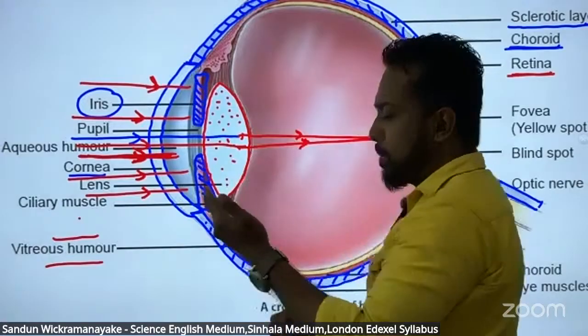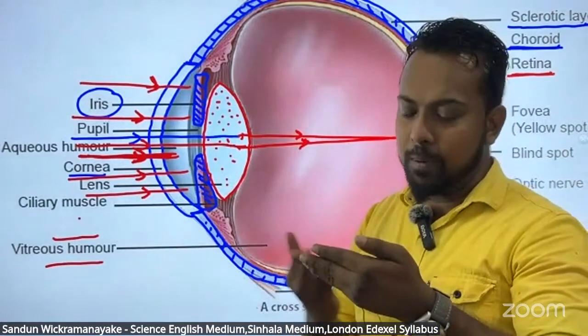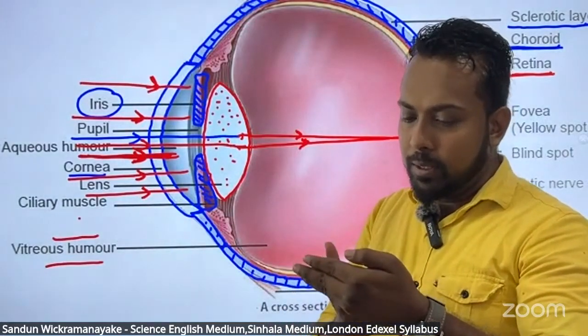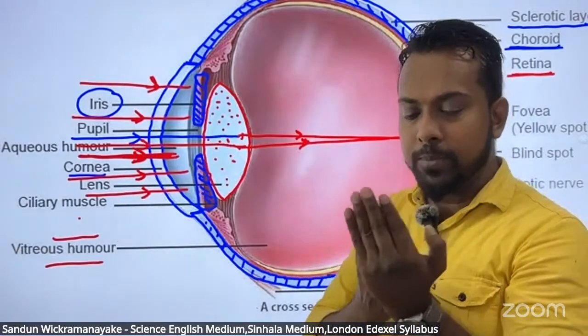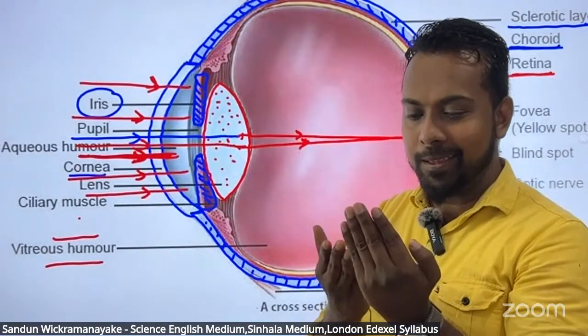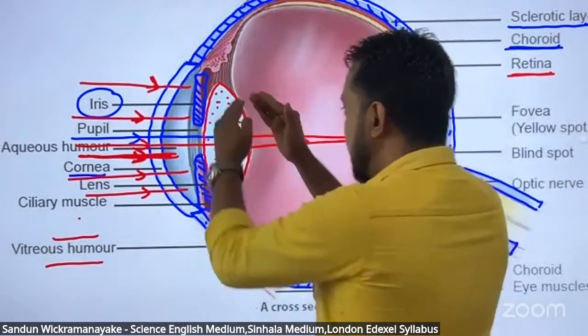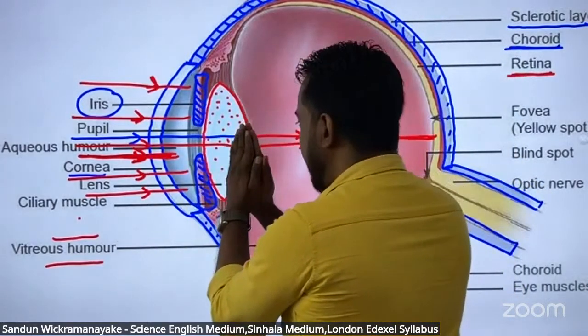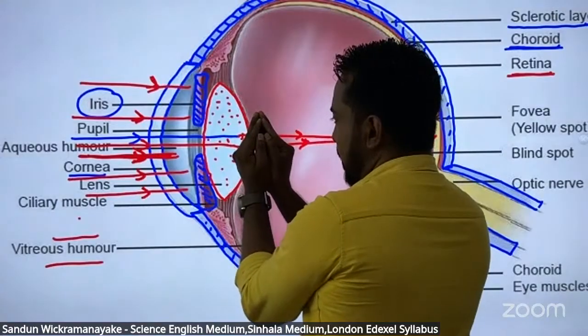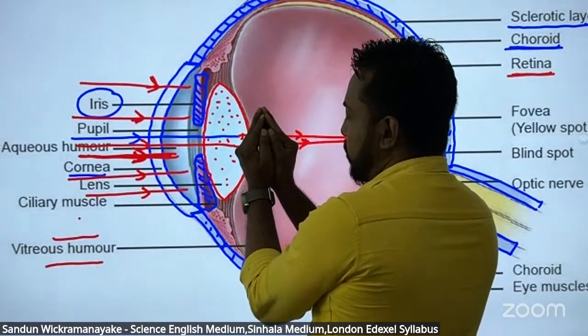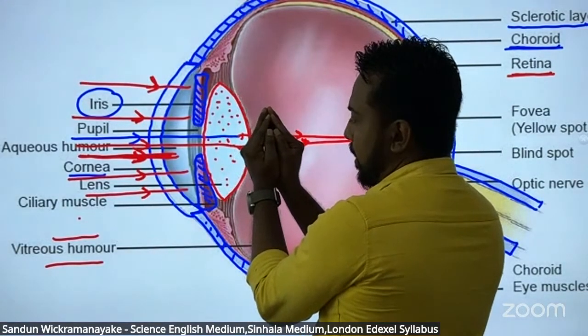But if you're going to observe a book, letters, a sentence, or a mobile phone, the lens shape should be like this, right?